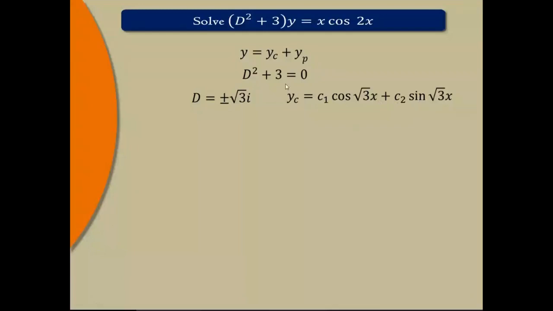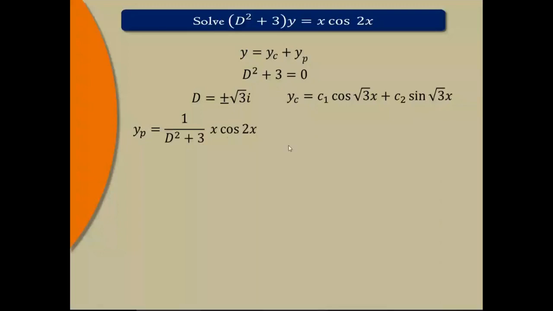So properly get the roots, check the nature of the roots, and use the standard formula for the corresponding roots. That gives us the complementary function. Now go for the particular integral yp, which is equal to 1 upon D square plus 3 into x cos 2x.